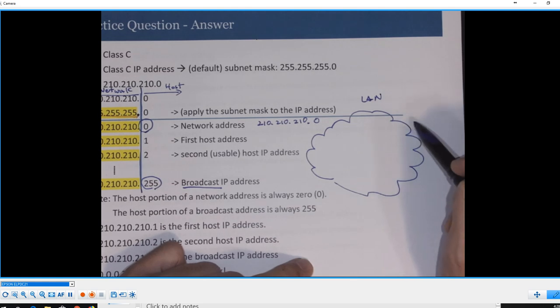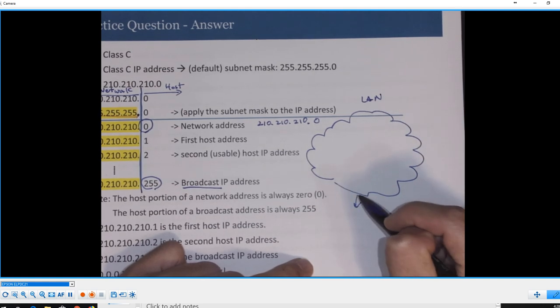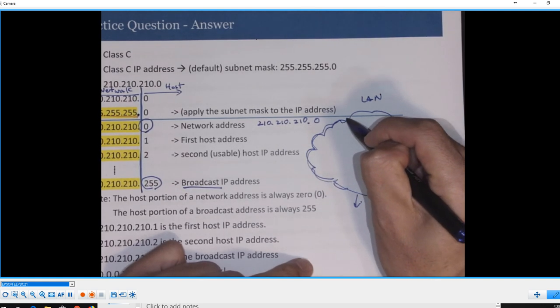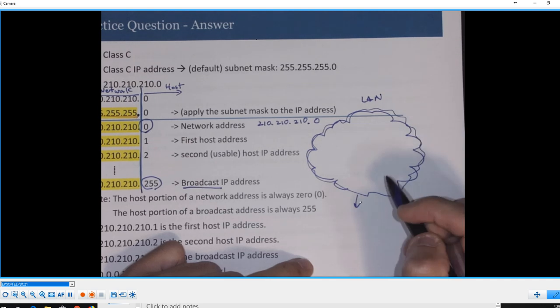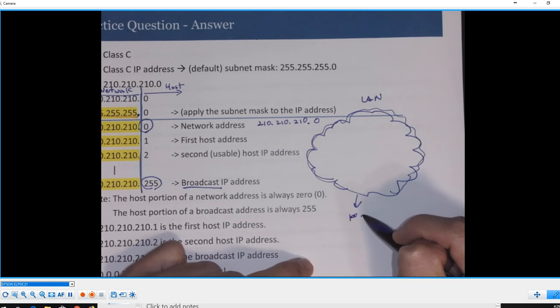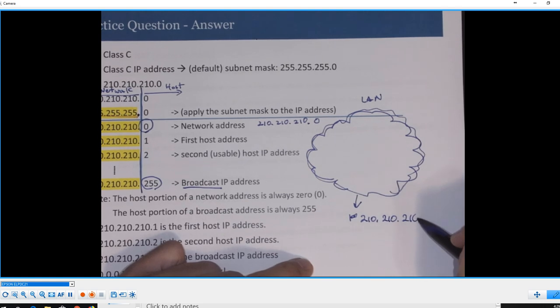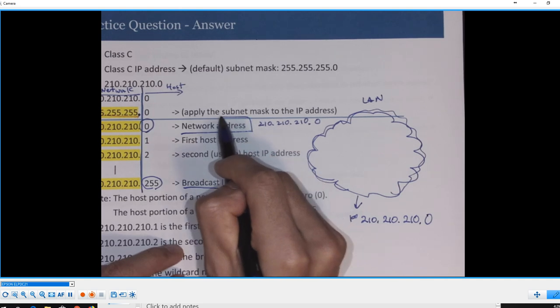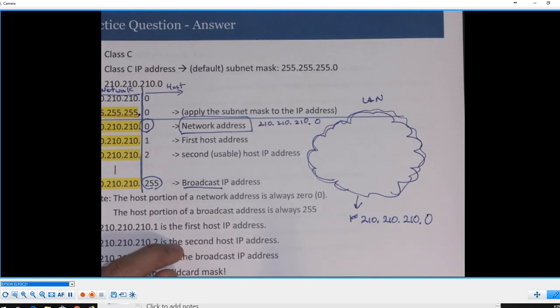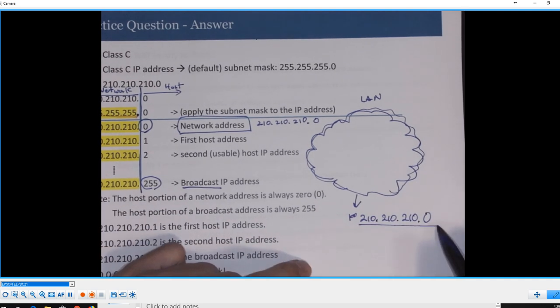since your network address, what is the network address? The address for the LAN, the local area network, right? So the IP address for this cloud is 210.210.210.0, which is the net. That's why I call it the network address. It's not an address for a specific host. Rather, it's the address for the network, right?